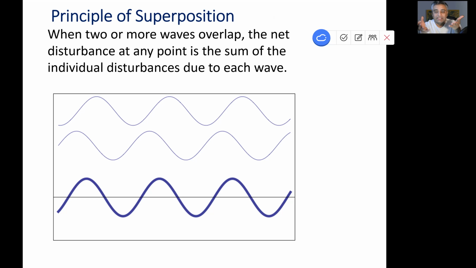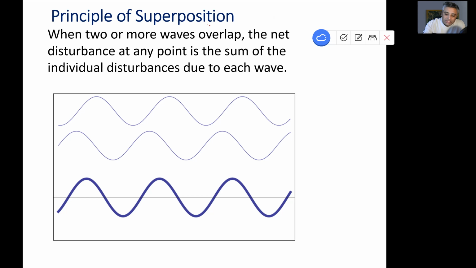So what happens after mixing? What's the result of interference and diffraction? To explain that, we need to know what are the possible ways two waves can combine, okay?